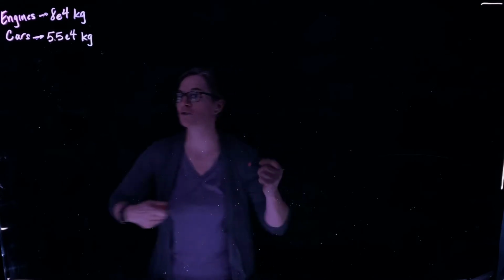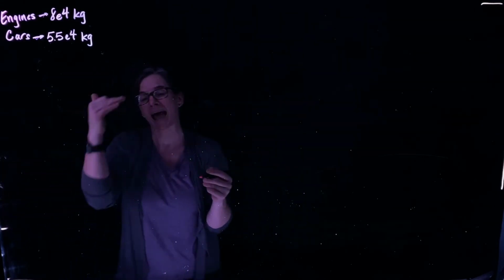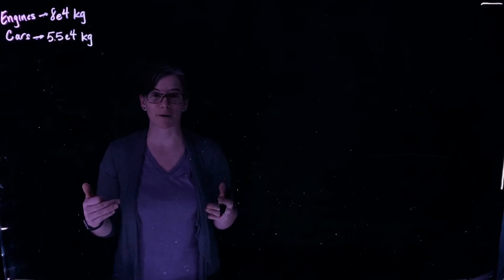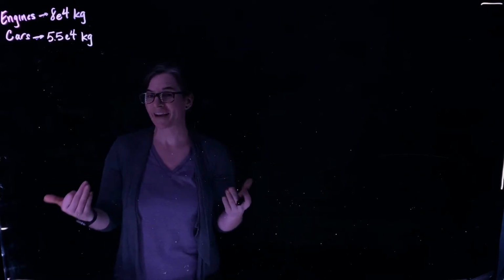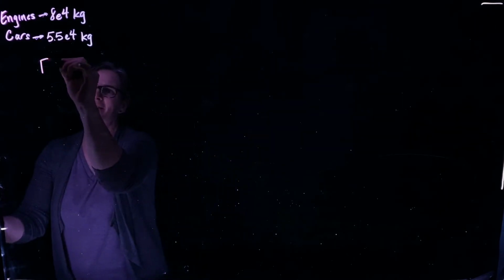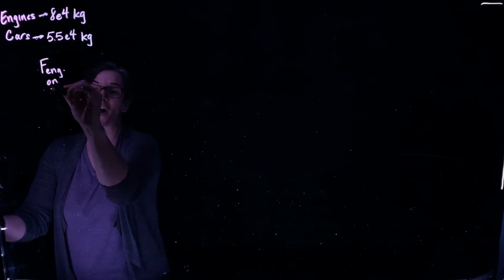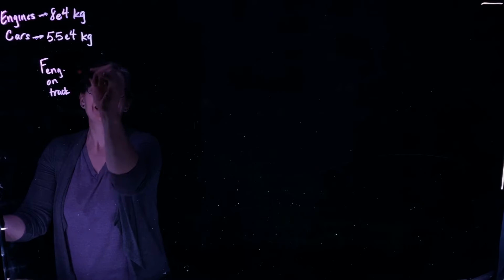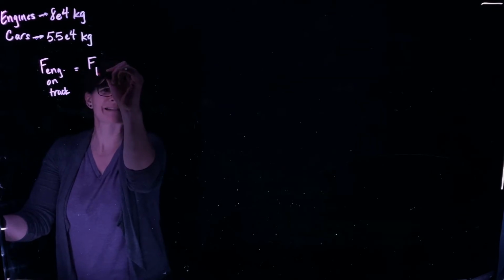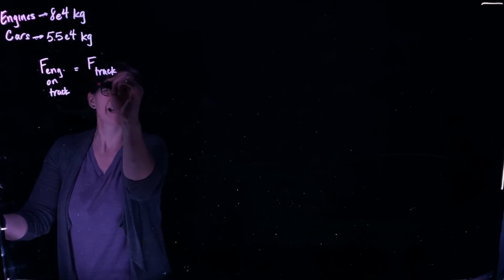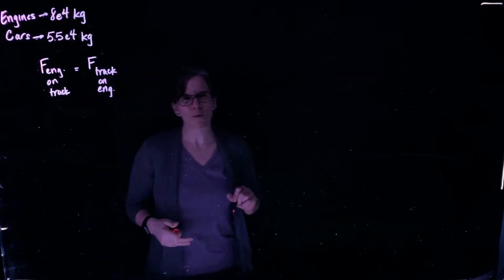So we're interested in the force that the engines have to exert on the track. So we want to recognize that the force that the engines exert on the track is equal to the force that the track exerts on the engines. Now, why is that going to be important?